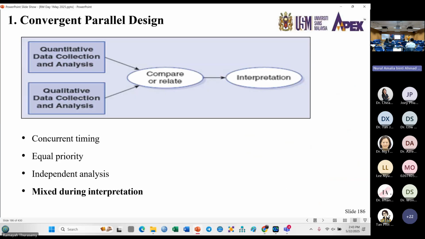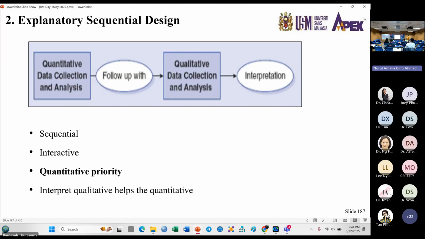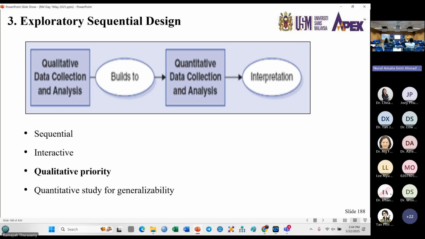Okay, here we have this mixed method. These are the designs. The first is called convergent parallel design, where we use quantitative and qualitative data at the same time, and then we start comparing. Okay, not many people do it. The one very popular is this one: quantitative followed by qualitative, or qualitative followed by quantitative.